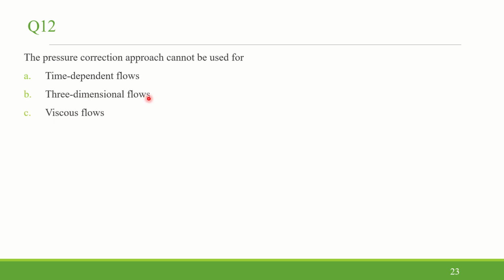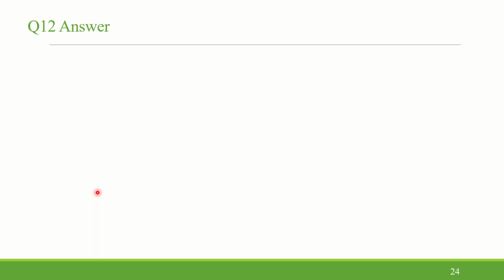Option B, 3-dimensional flows. Option C, viscous flows. Option D, none of the above. Actually the pressure correction approach can be used for 3-dimensional flows, time dependent flows, and viscous flows as well. So all 3 are cases where it can be used, and there is nothing here which states that it cannot be used. So the answer is option D, none of the above.